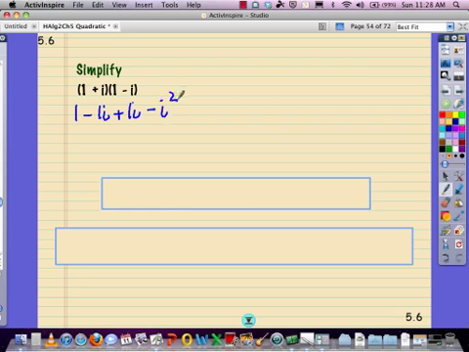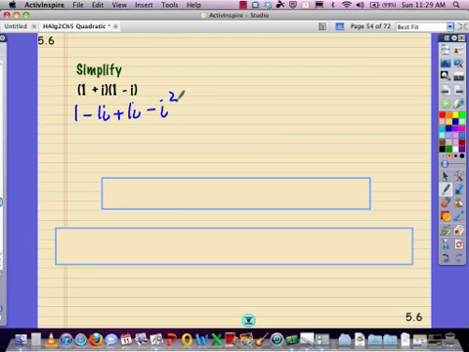Now before we go any further, look at what we were actually multiplying. Besides just saying it was like two binomials, the parentheses were exactly alike, item for item, with the exception of one was plus, one was minus. It sort of looks like our difference of squares factors if you think about it.